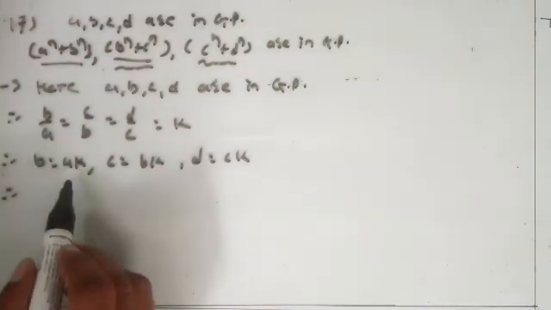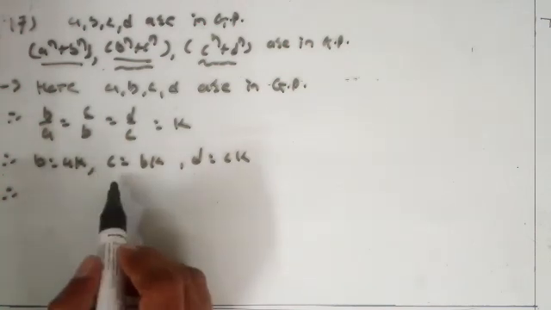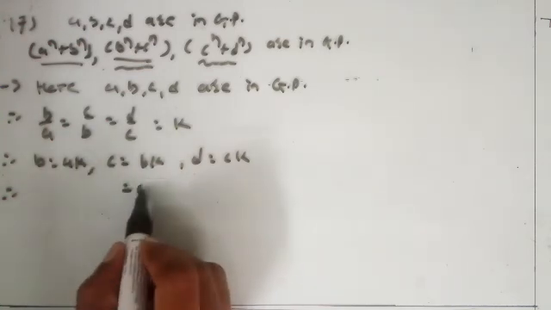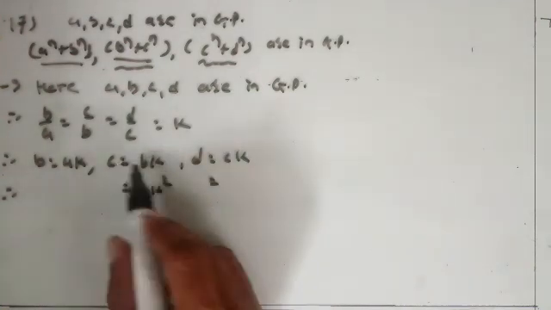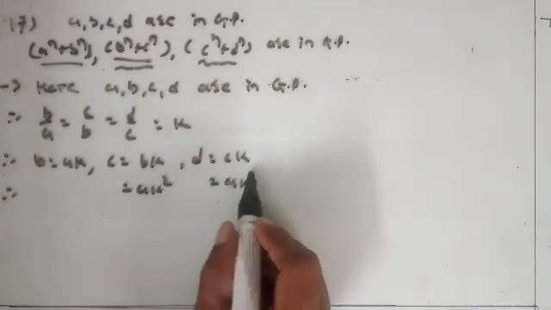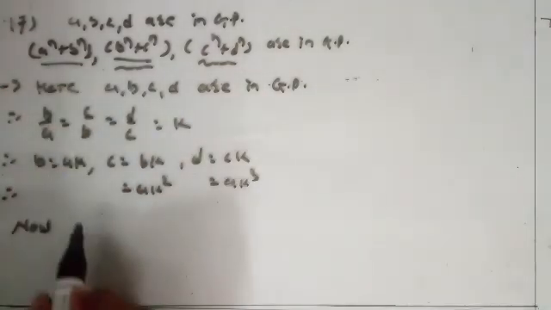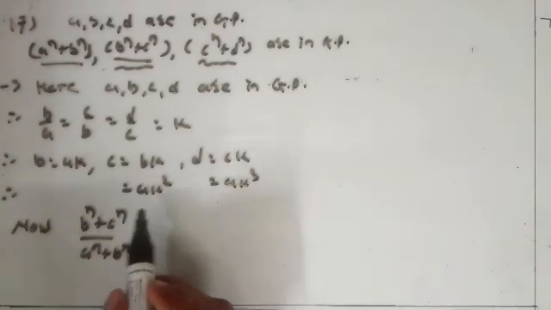Therefore, here b is equal to ak. So c is equal to ak into k, which becomes ak square, and d is equal to ck, which is ak cubed. Clear? Now we get the ratio of consecutive terms: b raised to n plus c raised to n upon a raised to n plus b raised to n.